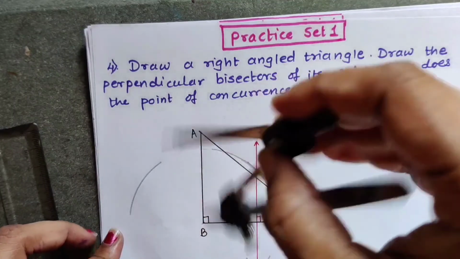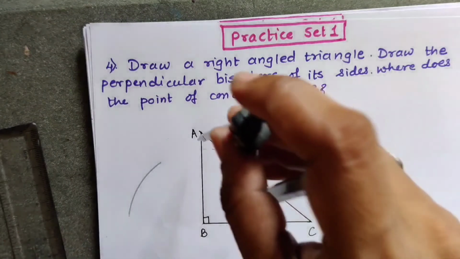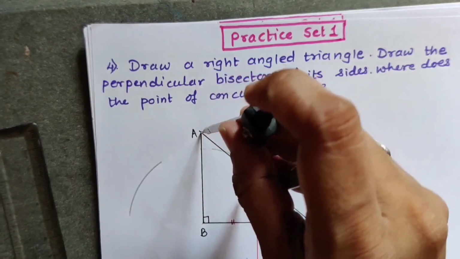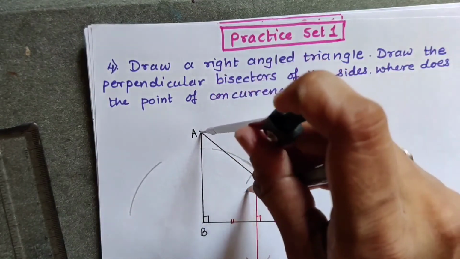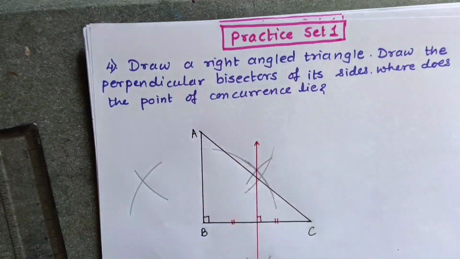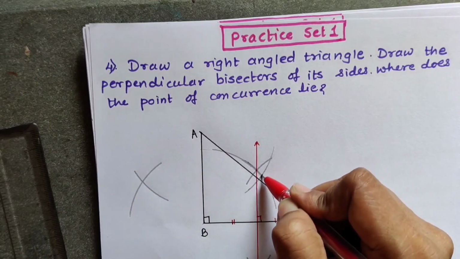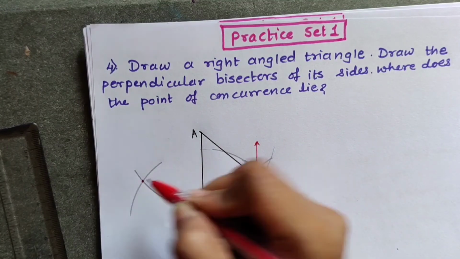Now we are going to draw the arcs which intersect the previous arcs by placing the pointer on vertex A. Okay, so in this way I have got 2 points here and here.